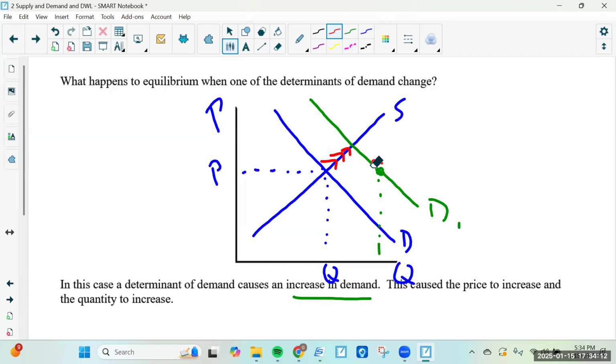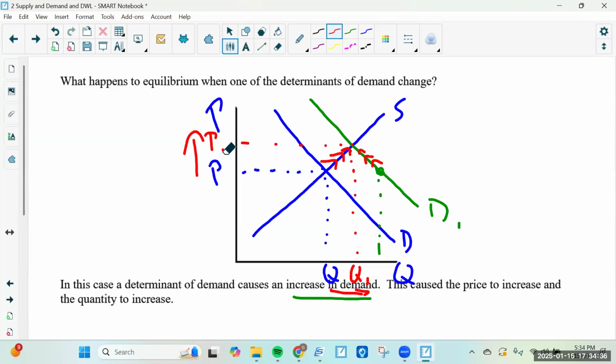But we're willing and able to buy less now. Not less than Q, but less than way out here, whatever this was. Okay, and what ends up happening is we end up at a new equilibrium point, and let me label it here. So we end up right here at Q1, greater quantity, at a higher price.